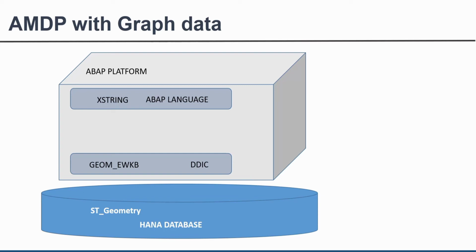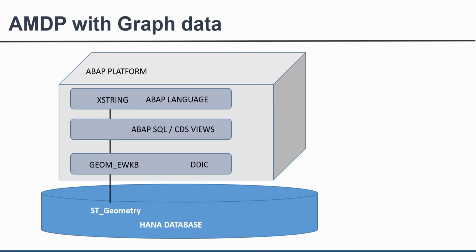And then once you create your database object with this type GEOM_EWKB, you can use that object in your corresponding ABAP artifact or HANA artifact, like an SQL statement or your CDS view. So this is how it works: the HANA database type ST_GEOMETRY can now be used in ABAP as GEOM_EWKB, and you can use it in ABAP SQL or CDS views.